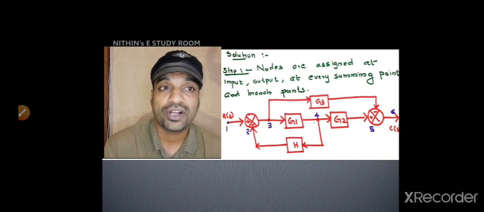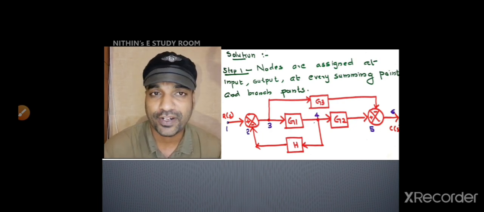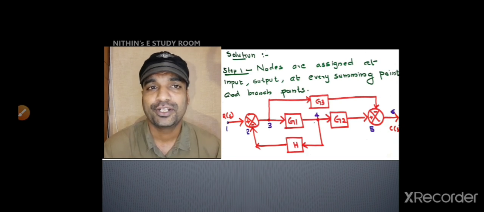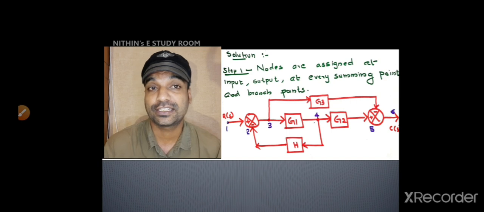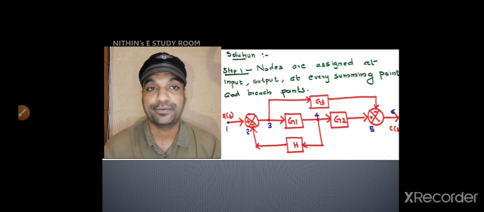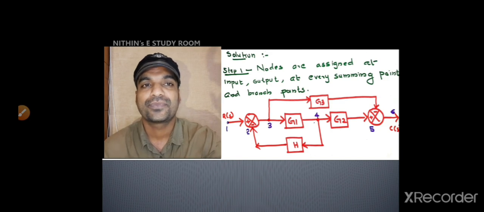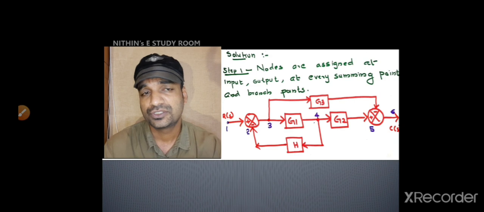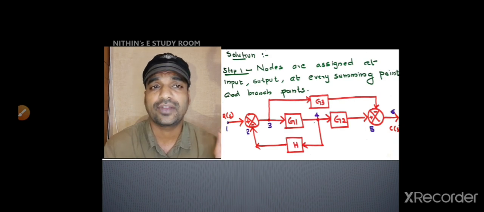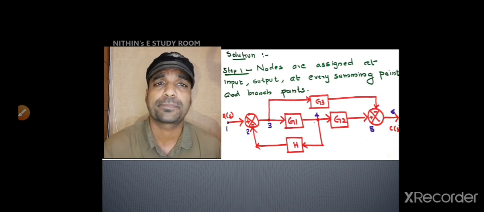So node 1 and 6 are input and output. Node 2 and 5 are summing points. Then which are the branch points? Node 3 and 4. Node 3 and 4 are branch points. So now I simply got that there are 6 nodes. So initially what I am going to do is I will mark 6 nodes on a blank paper.